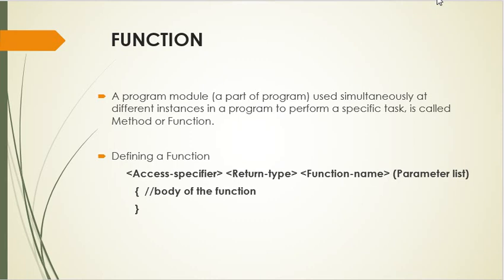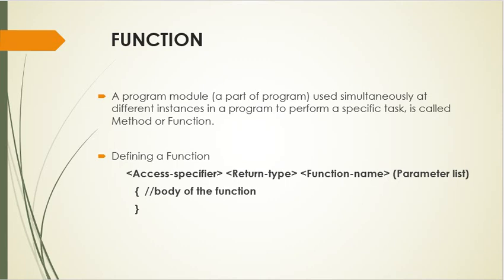The statements that are going to be executed we write inside the curly braces, the body of the function. So in this way, a function or a method must be defined before it is used anywhere in the program. This is the general form of defining a method.